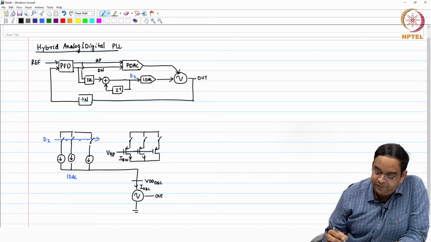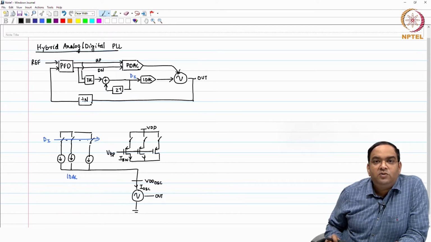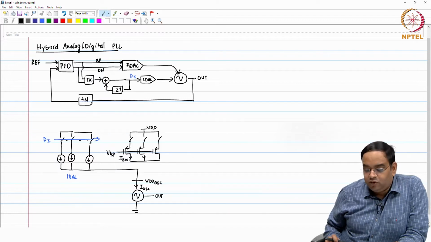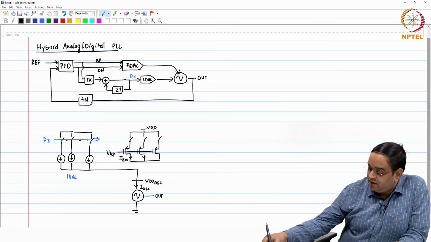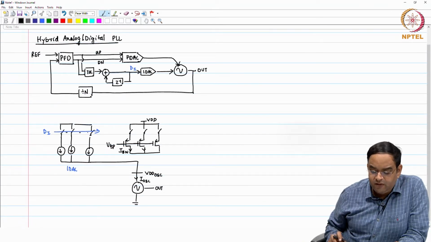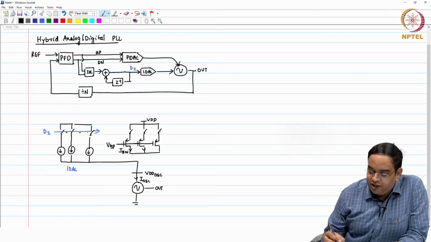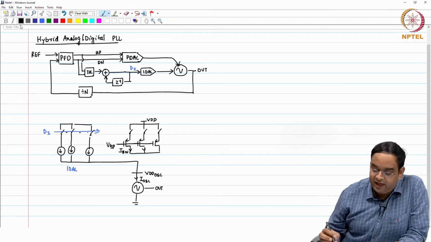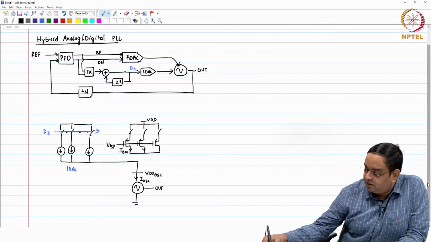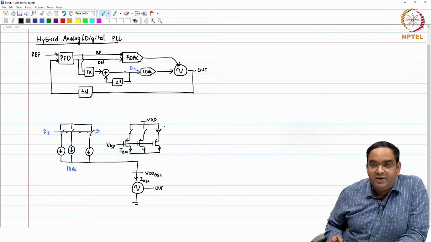Then the switch is controlled by your up and down signals. So, during the off state, when your up and down signals both are low, at that particular time you have only one switch closed. So, this is like a fixed current which is flowing here when your up and down signals are low.